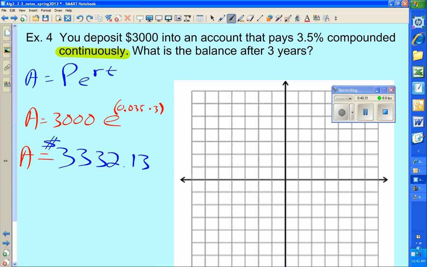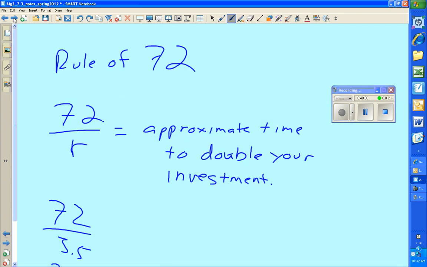You're earning interest. So what we do is, if you want to know if you're in the ballpark, use the rule of 72. And I show this to all my classes because it just makes good sense to say, does my answer make sense? The rule of 72 is just an approximation. 72 divided by whatever your interest rate is will tell you how long it takes to double your money.